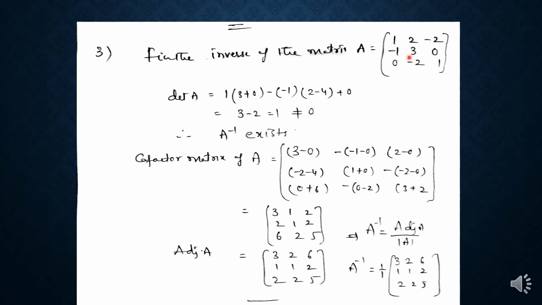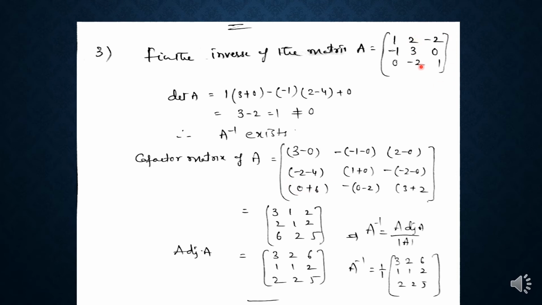Here, by deleting this column and row, the cofactor of 3 is 1 into 1 minus 2 into 0 plus 0, 1 plus 0. And for this element minus of, by deleting this column and row we'll get minus 2 into 1, minus 2 minus 0. And coming to the third row elements, by deleting this column and row we'll get 2 into 0, 0, minus of minus 6 is plus 6.